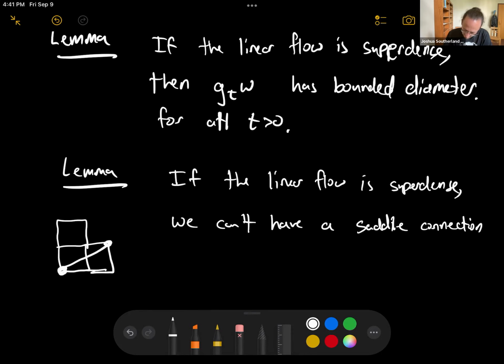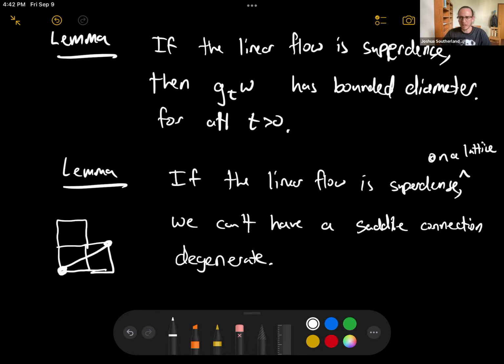I'll just say it like this: degenerate, or the length of the saddle connection goes to 0, and, for the sake of the talk, we should add on, say, a lattice surface.